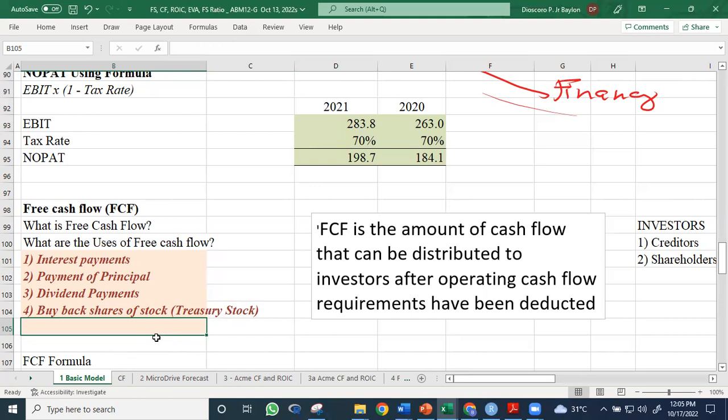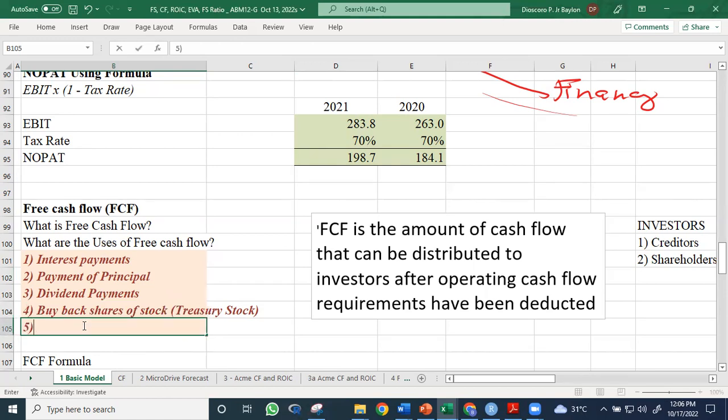So pag binibili niya yung shares of stocks niya ulit, ang tawag yan, treasury stocks. Okay, so far, ito yung 4 na uses of free cash flow. Interest payments. Kasi remember, this is after operating cash flow requirements have been deducted. Then payment of principal, then payment ng dividends, and then buying back shares of stock.